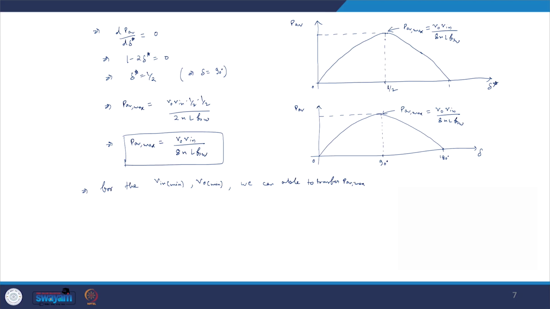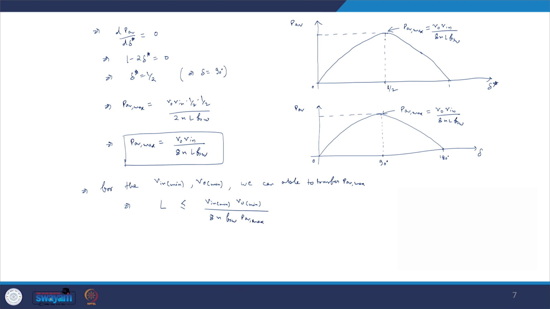We can transfer P average maximum with minimum V in and V naught only when our L value is less than or equal to V in min, V naught min divided by 8 F_SW and P average maximum.